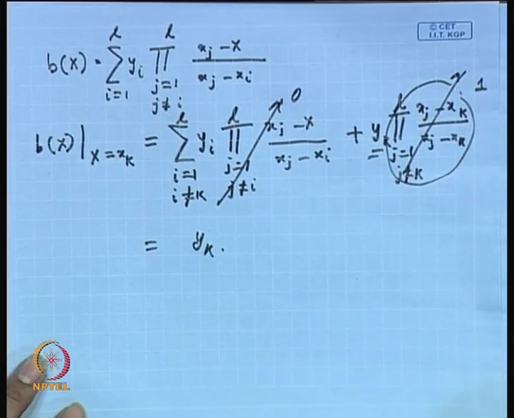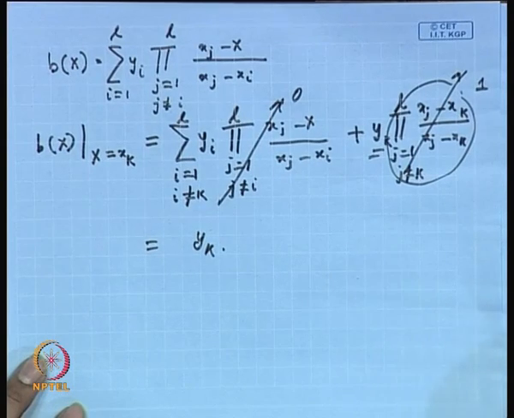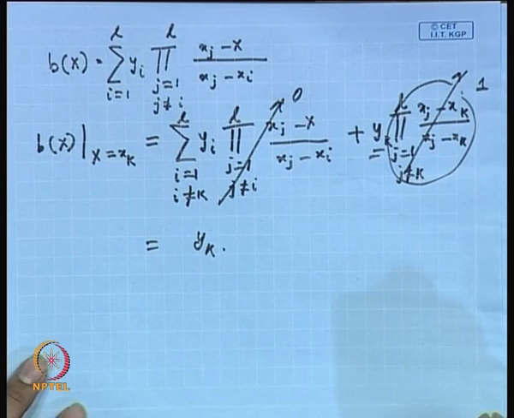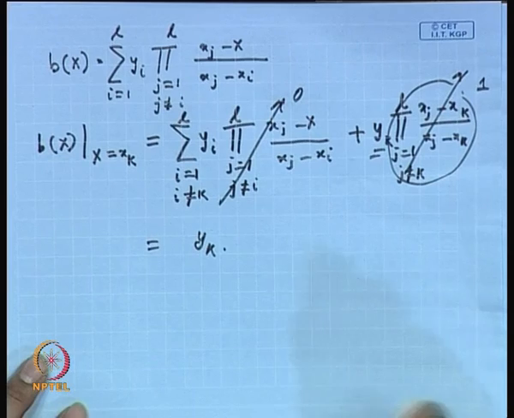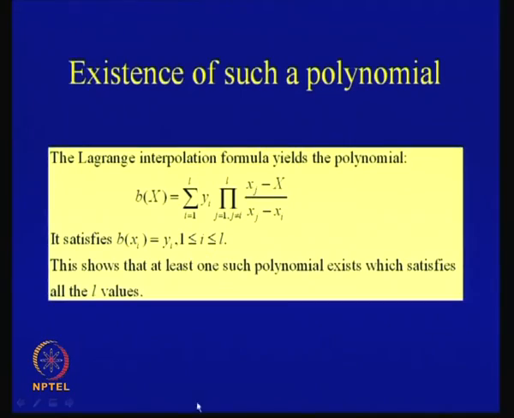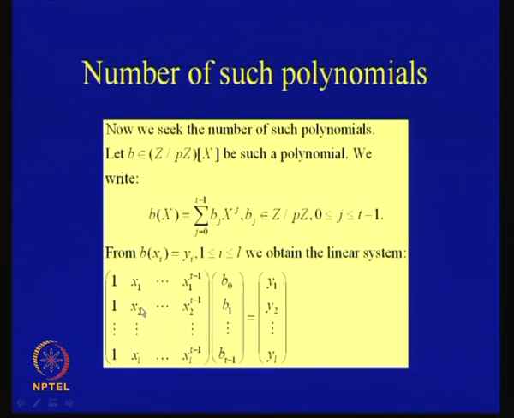Now, we also have to argue that, according to the theorem, there are p to the power of t minus L such polynomials of degree less than or equal to t minus 1, for which all such results hold. For that we have to go a little bit into matrix algebra. We seek to calculate the number of such polynomials.